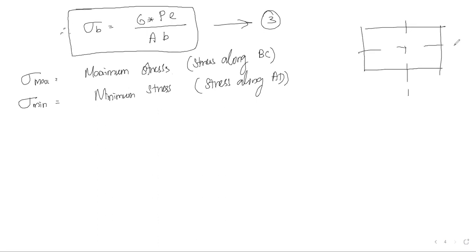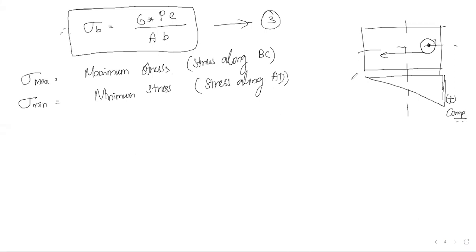Why I am saying this now? So think about it. The load is acting here. So this area can have maximum stress because of the application of load. When it is going towards this side, the intensity of load is going to reduce because of eccentricity. So it is going to reduce like this. Based on this, if the value is positive, then this stress becomes compressive stress.